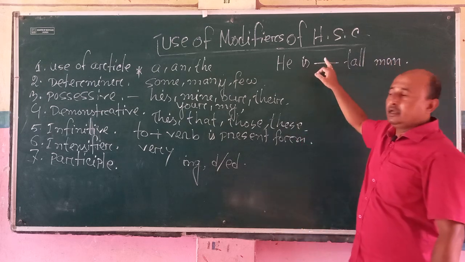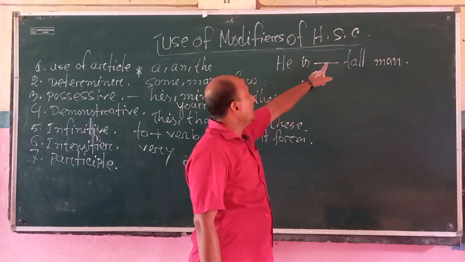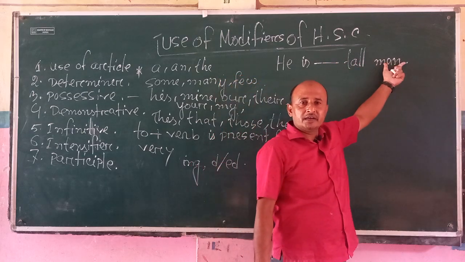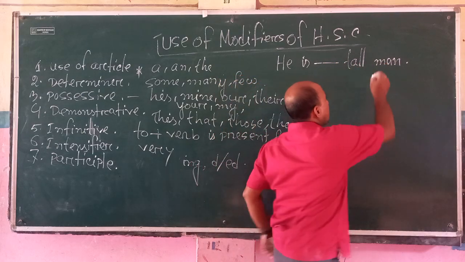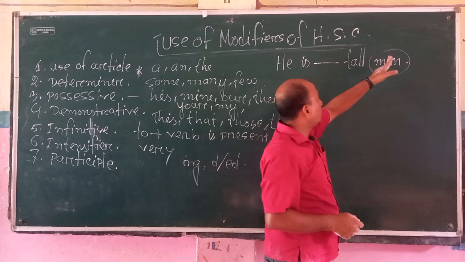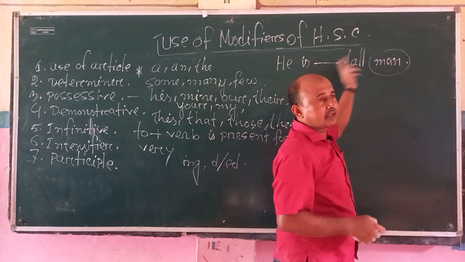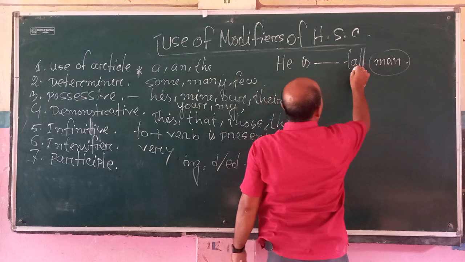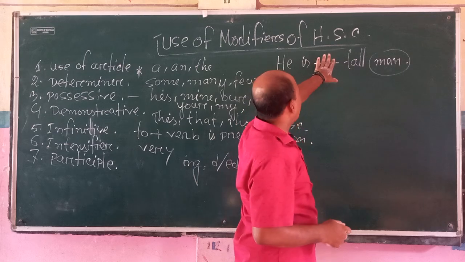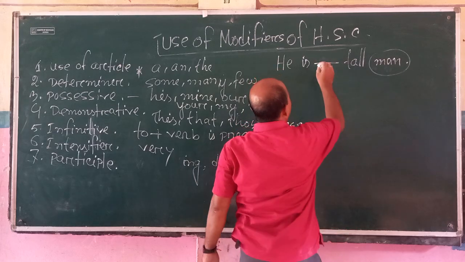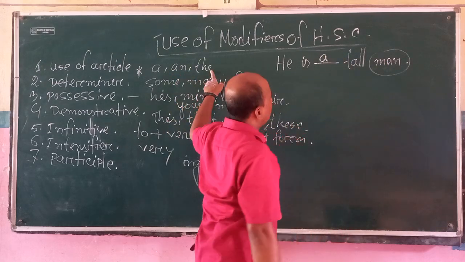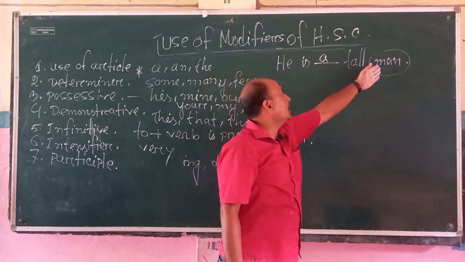When it is mentioned to use an article, pre-modify the noun, you will use a word that refers to or modifies the noun after the gap. He is dash tall man. When the question paper mentions use an article, pre-modify the noun, you will use a, an or the in the gap.